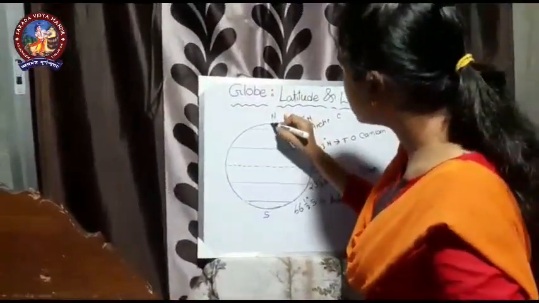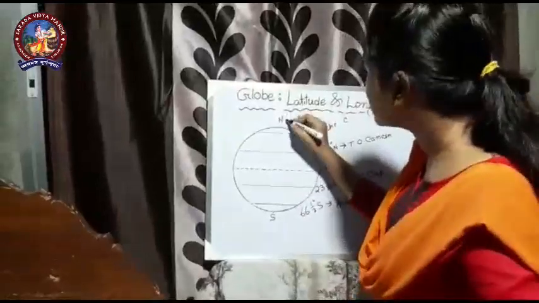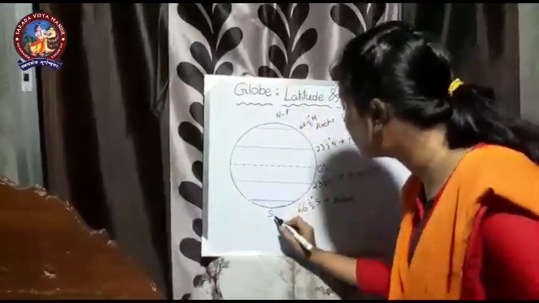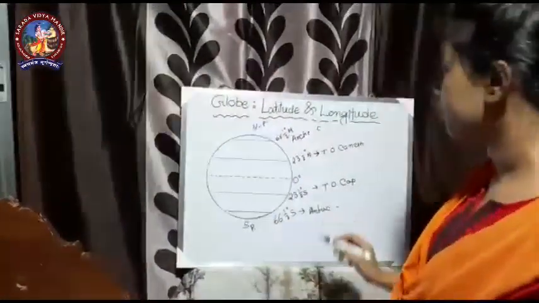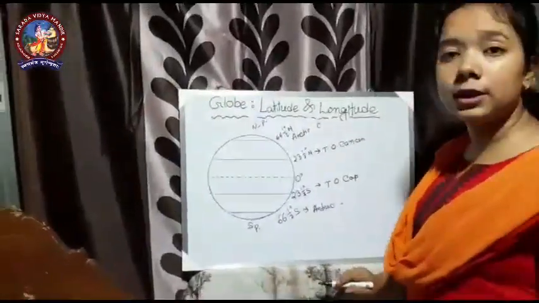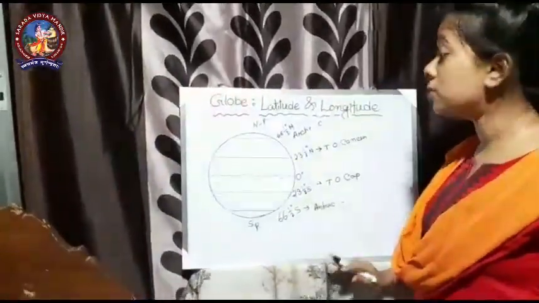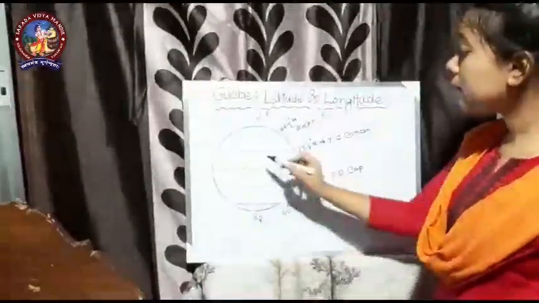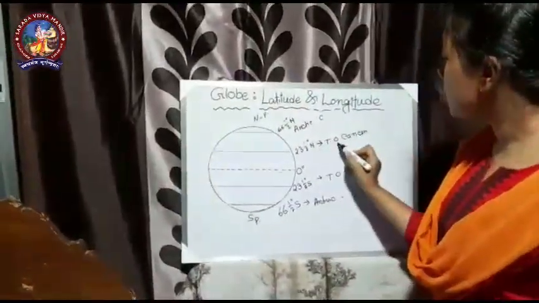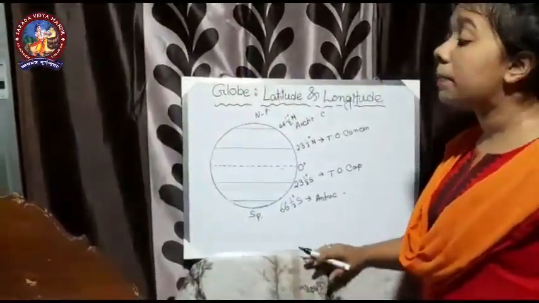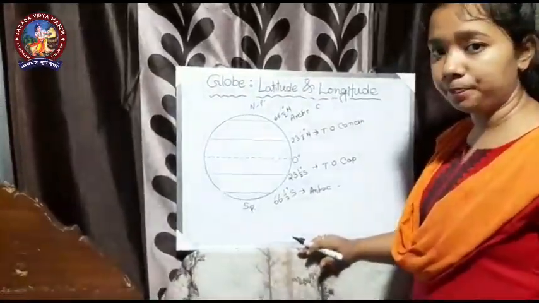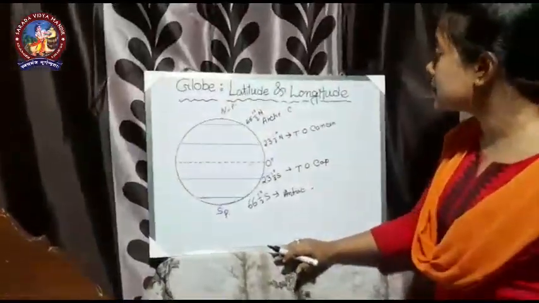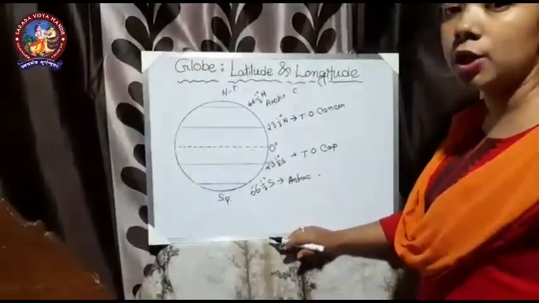Now these two poles, this is the North Pole and this is the South Pole. These are some of the important latitudes we used to have. Among these, the Tropic of Cancer passes through India. Okay, now we will discuss the heat zones.